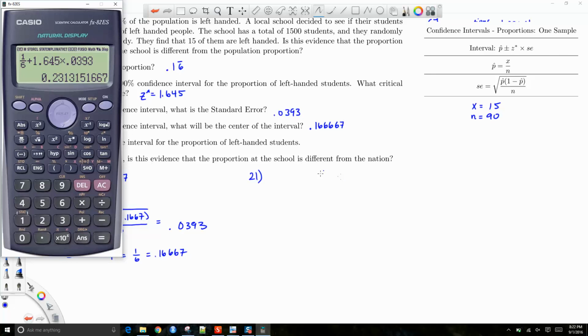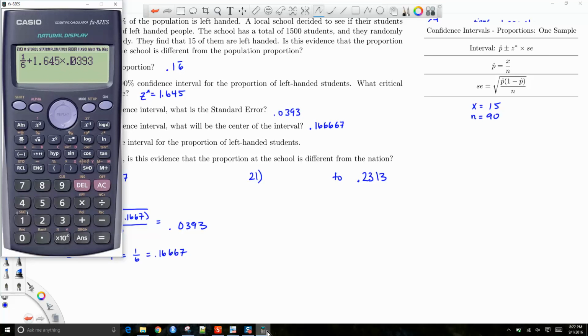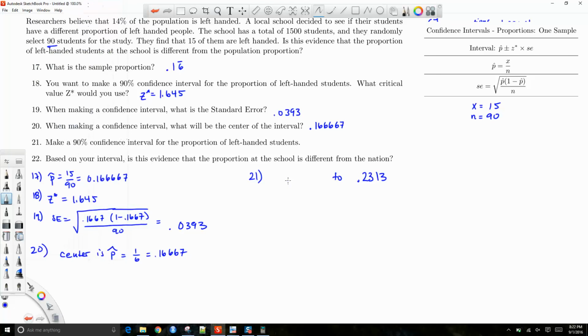On the upper side, we get 0.2313. And on the lower side, I'm going to do 1/6 minus this, and I get 0.1020. Depending on where you rounded, maybe your last digit is slightly off. So this is our confidence interval.